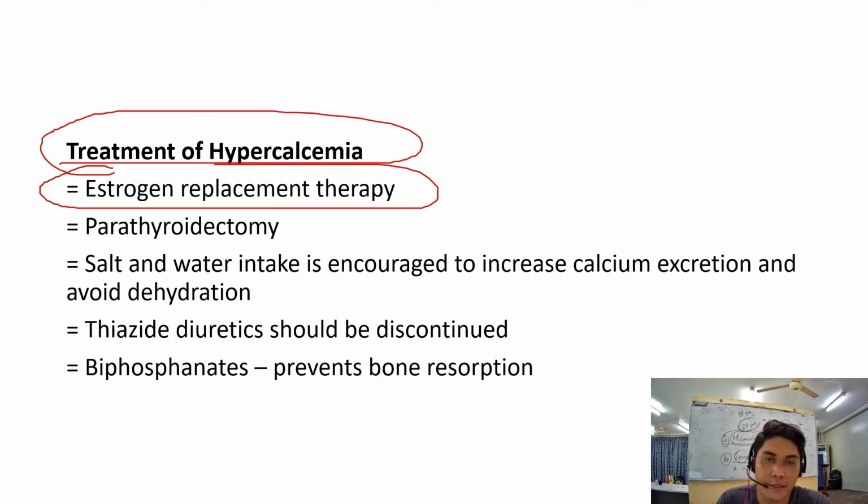First is estrogen replacement therapy. Correction: estrogen replacement therapy is usually done in menopausal women because menopausal women are prone to hyperparathyroidism.